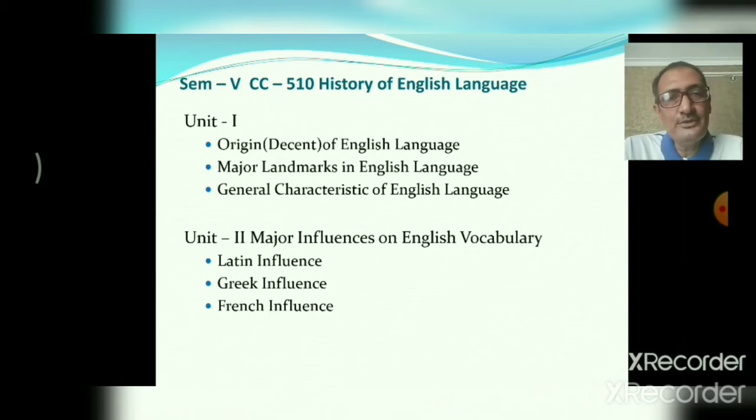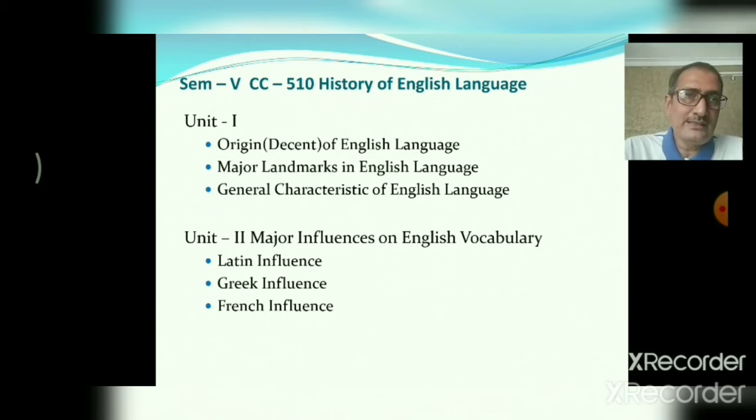Then the second unit is major influences on English vocabulary. As we know, we use English with a number of words belonging to different languages, maybe languages of other great sources like Shakespeare, Bible, etc. So here in this unit, the study is limited to only 3 influences, that is Latin influence, Greek influence and French influence.